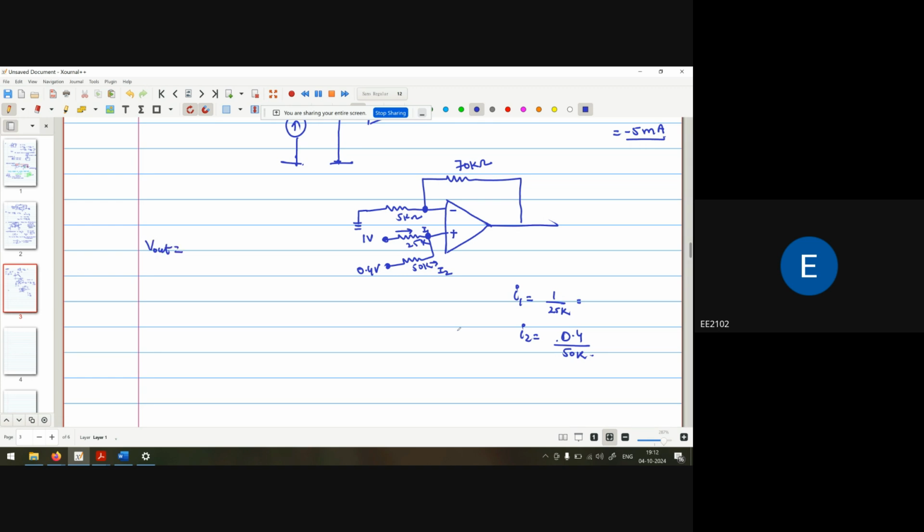V out is equal to 1 plus Rf upon R1, into V in 1, plus 1 plus Rf upon R2 times V in 2.